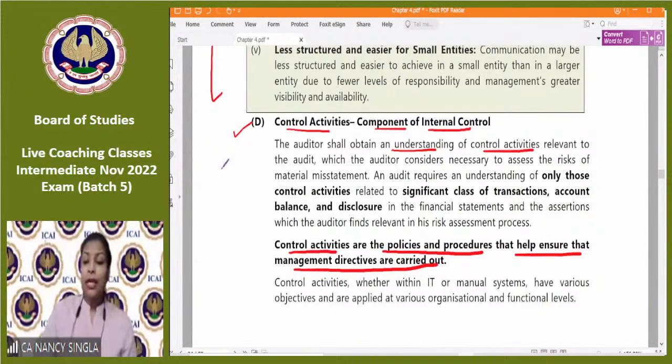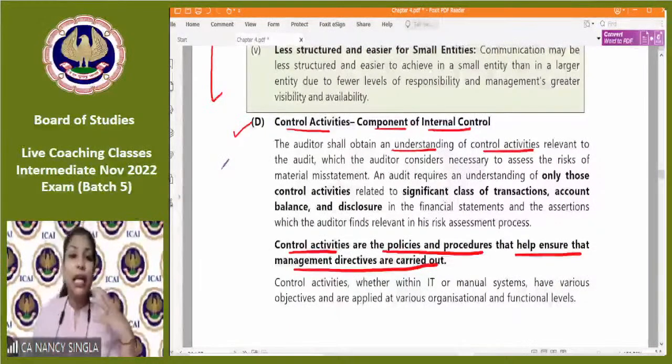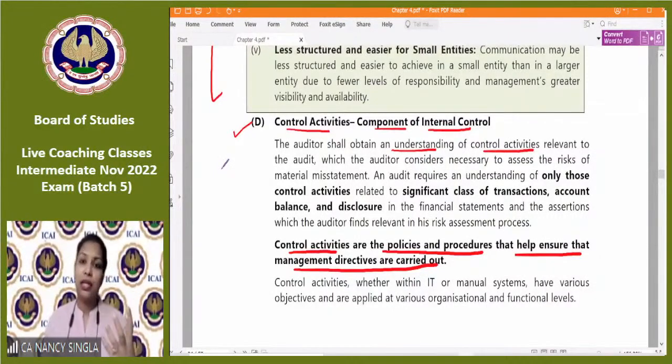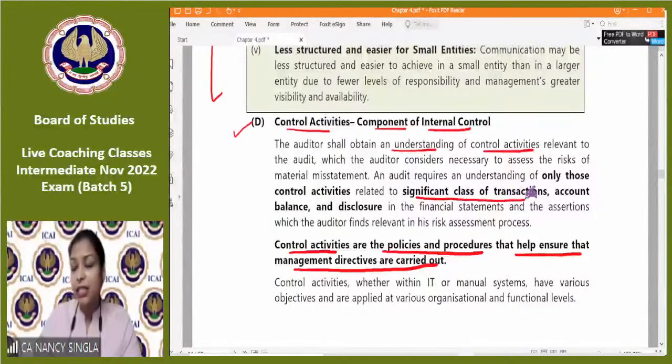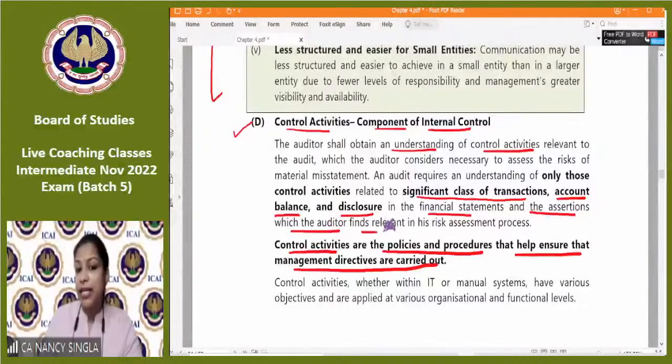So, the answer is that an auditor needs to obtain the understanding of the control activities that are relevant for his risk assessment process. He needs to obtain an understanding of the control activities with respect to significant classes of transactions, account balances, disclosure in the financial statement, and assertion which the auditor finds relevant in his risk assessment process.